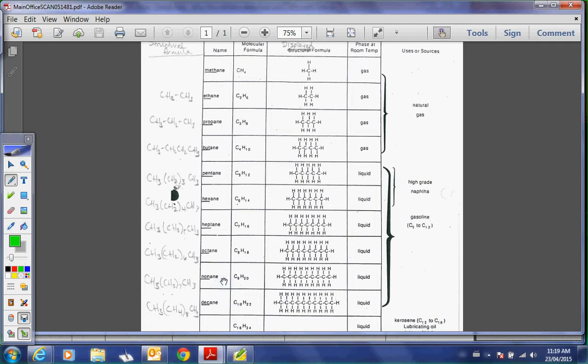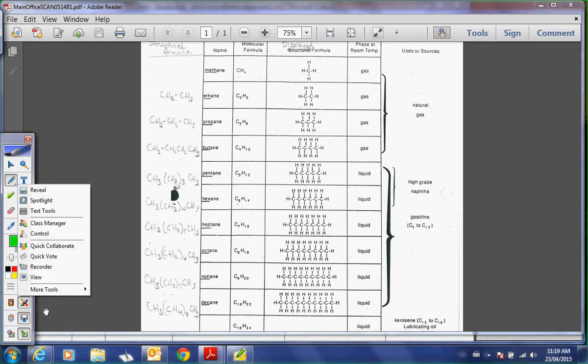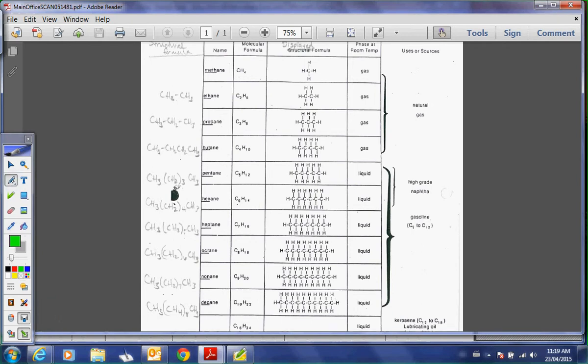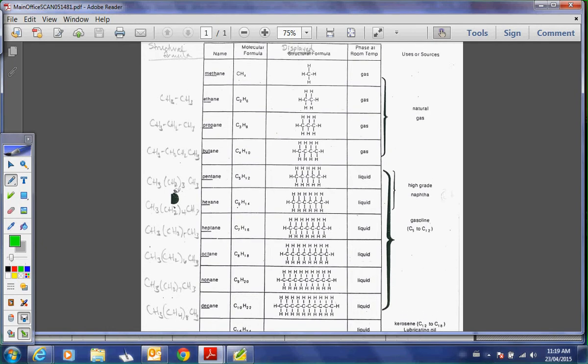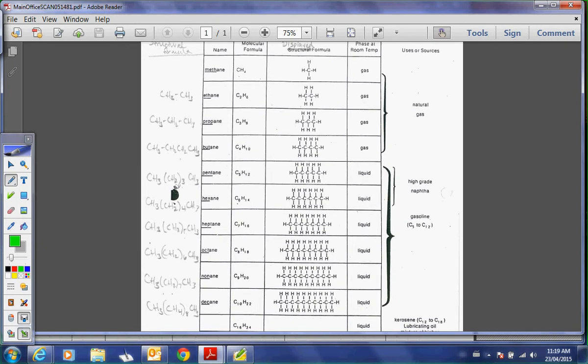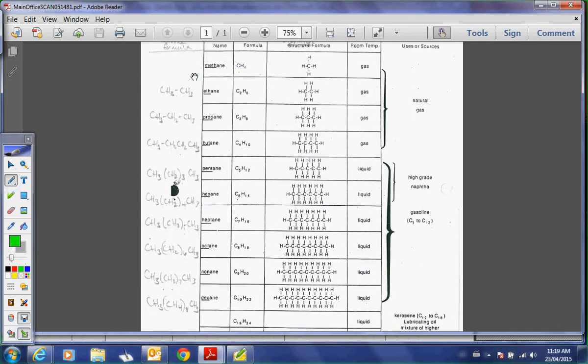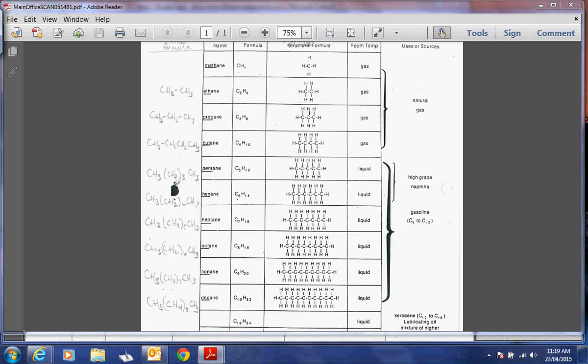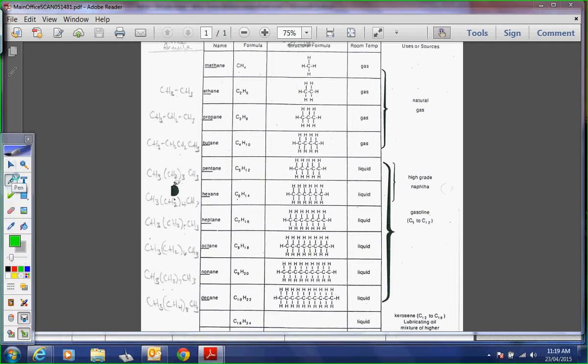Okay, pentagon, pentane, hexagon, hexane. They all end in ane, because what are we talking about at the moment? Hydrocarbons. Yeah, but what kind of hydrocarbon? Alkanes. So these are alkanes, ending in ane, so all these end in ane.